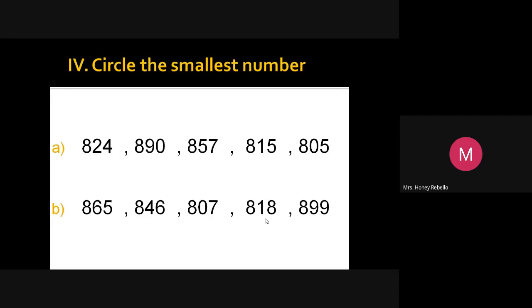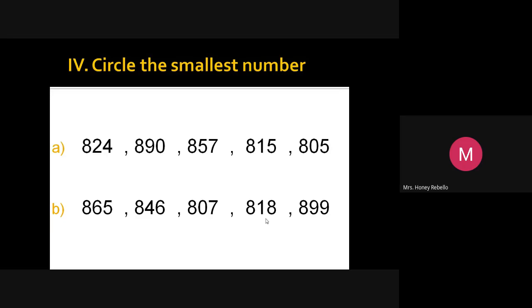Check all hundreds place, all 8. Now take tens and ones place, 24. I told you yesterday, just draw a line under 24 with your pencil. Freehand, no problem. 90, 57.